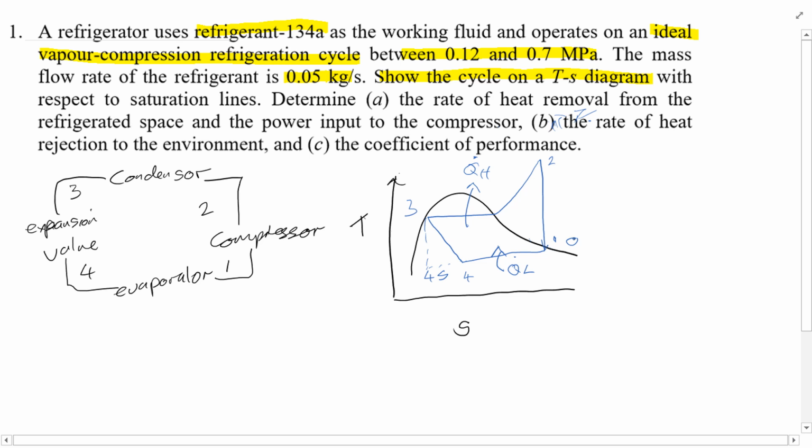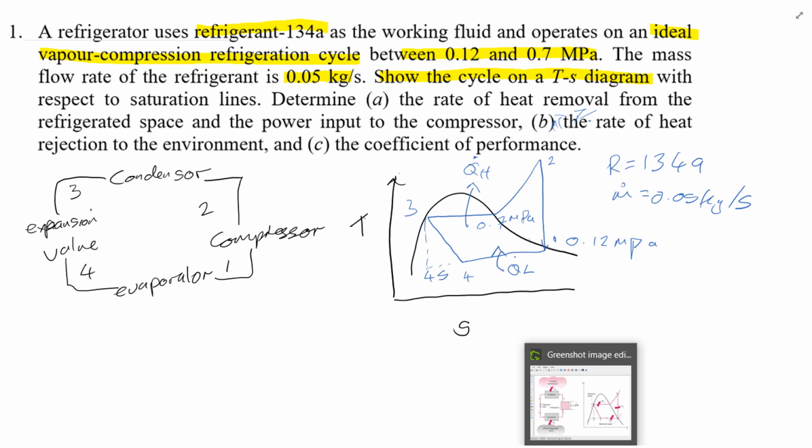You're obviously going to see this 0.12 MPa here at the low pressure before compression, and a 0.7 MPa here after passing through the compressor. If you look on slide 9, you'll find a much neater diagram of what I've drawn.